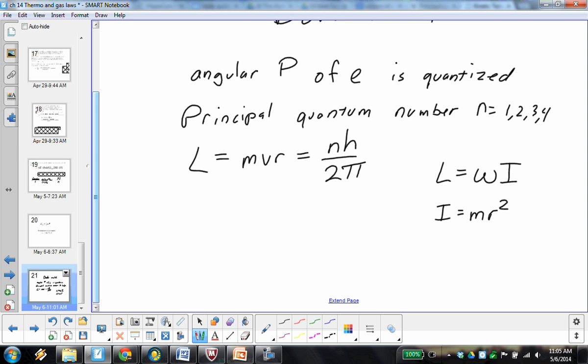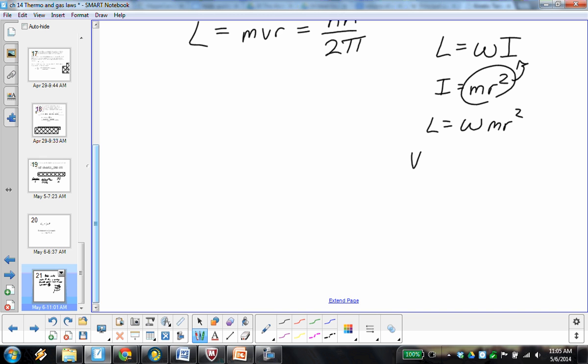So if I insert that, I've got L equal to little omega times mr squared. Remember that r is our Rosetta Stone, our translator between linear and angular motion.